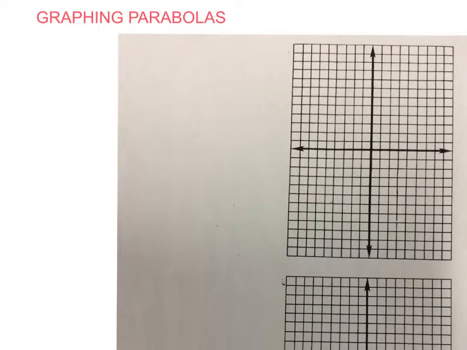So first of all, standard form. Standard form looks like this. It's y equals ax squared plus bx plus c. That's standard form. Now, when you're graphing from standard form, most of the time you're going to have a y equals x squared equation.